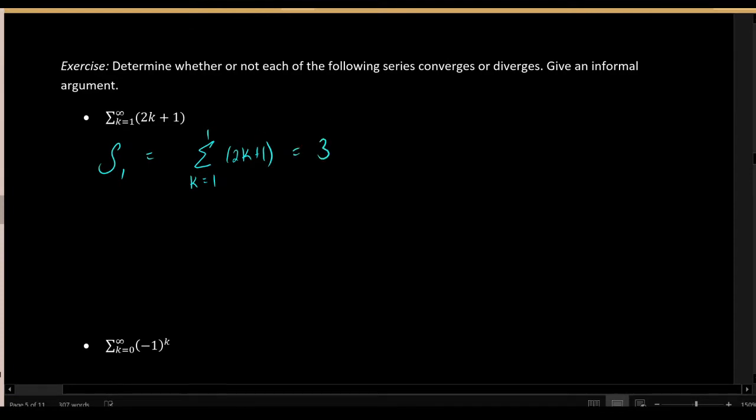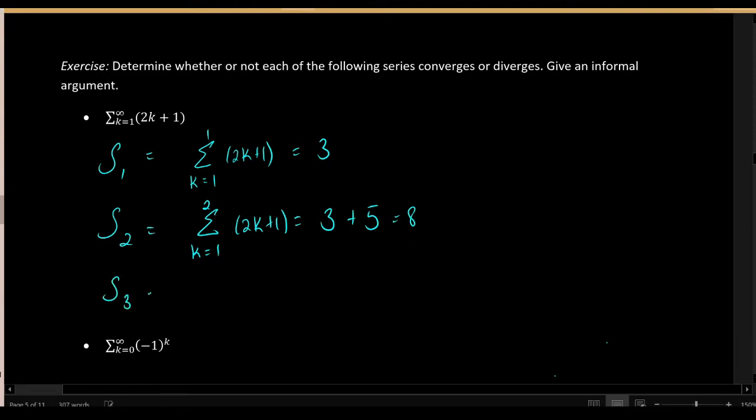So that's the value of our first partial sum. What about the second partial sum? Now we're adding up the terms from the first to the second. So when k is equal to 1, we get 3. When k is equal to 2, we get 2 times 2 plus 1. So now we're going to add 5. Result 8.